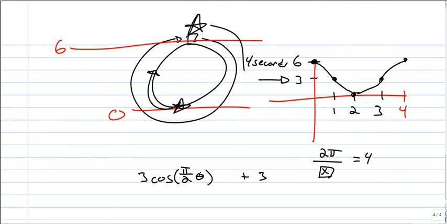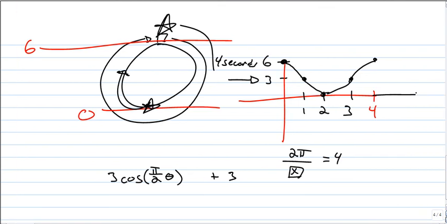Sketch a graph for 2 periods. Well, we could keep this going, I guess. So I think that got a little lazy. So the x-axis would be time in seconds. The y-axis would be meters above ground.